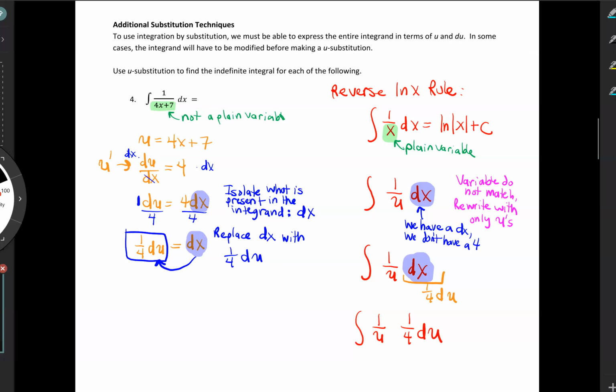So let's see if everything is matched. Can I use my basic reverse rule yet? I don't know. Let's see. To use this basic reverse ln of x rule up here, I need a 1 over a plain variable, which I do, right? My u is a plain variable. So let's make sure everything's working. I have a plain variable. My variables match. They're all u's.